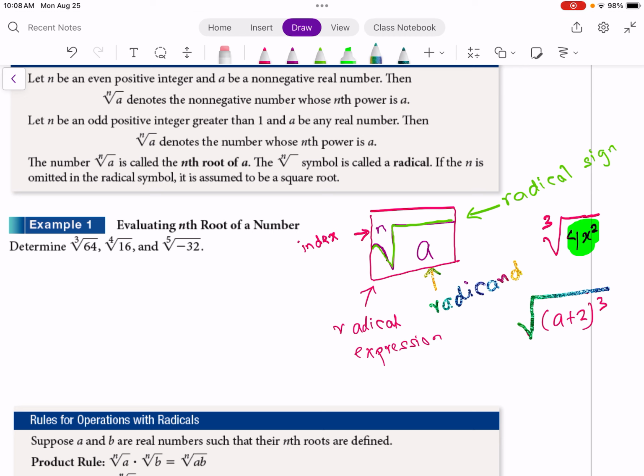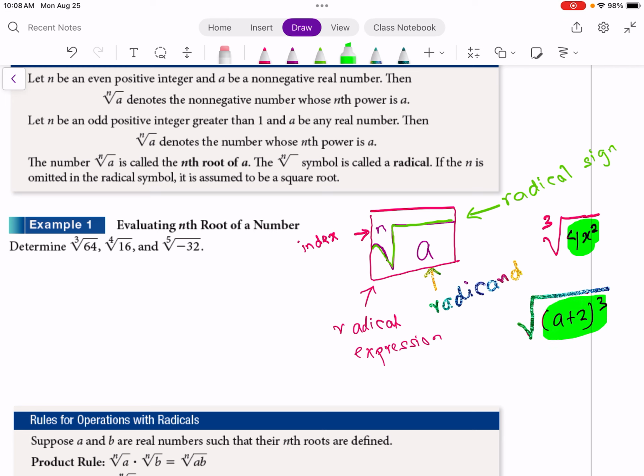If you write 2 here, it's not wrong, but in general you are not required to write the index if it is a square root. Now for this radical expression, what is the radicand? A plus 2 cubed. Everything under this square root is the radicand.